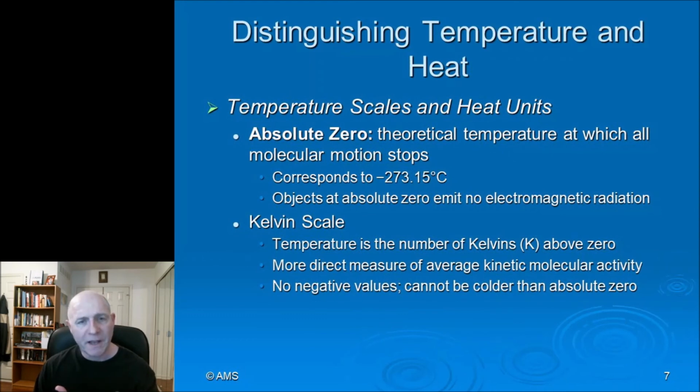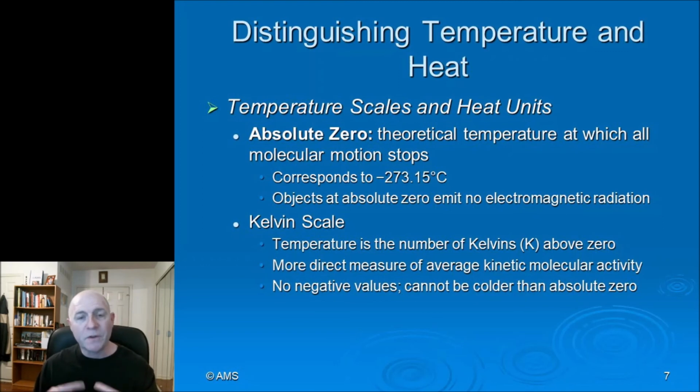We talked a little bit about molecular motions. That's where we introduce absolute zero. That's the theoretical temperature at which all molecular motion stops. When you think temperature is proportional to molecular motion, if the motion stops, we can't get below that level. So that's what we call absolute zero. On the Celsius scale, that corresponds to minus 273.15.